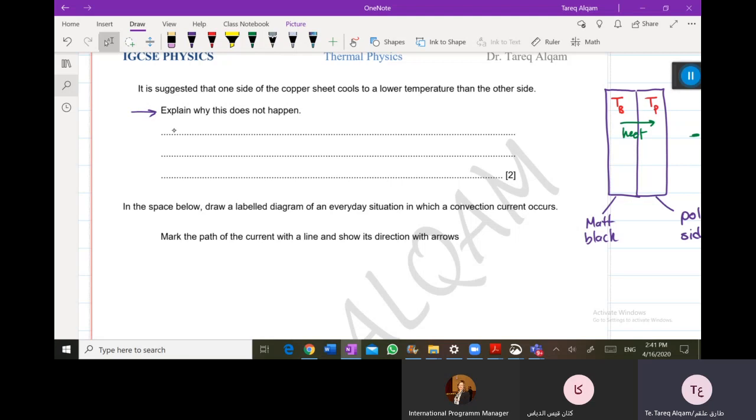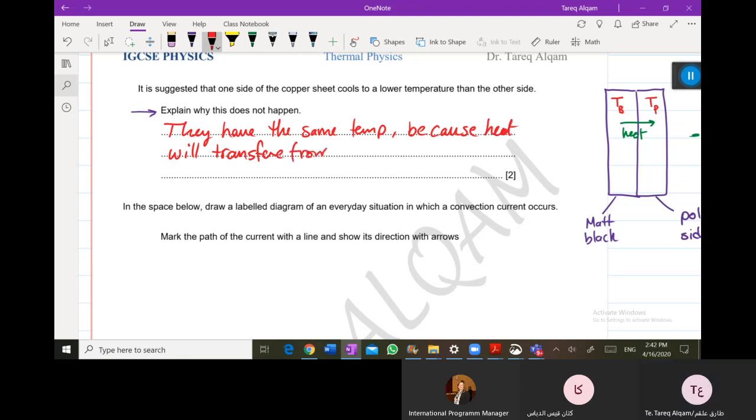This is why this does not happen. They have the same temperature because heat will transfer from the hotter side to the colder side until they reach thermal equilibrium.